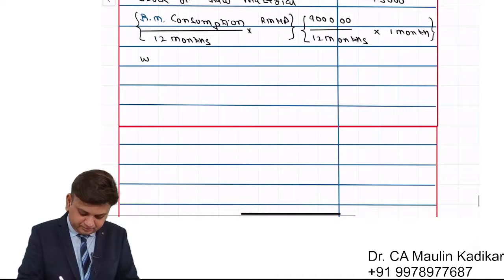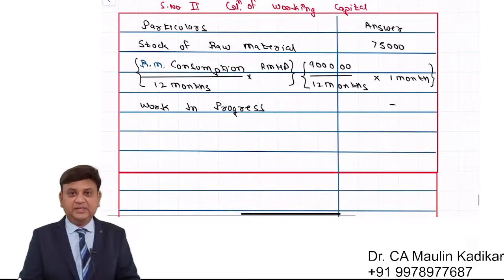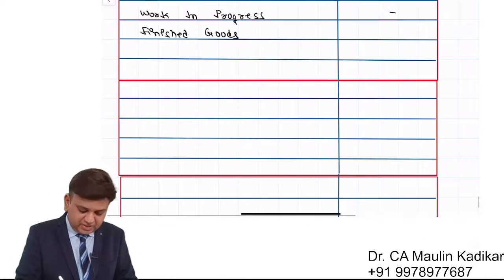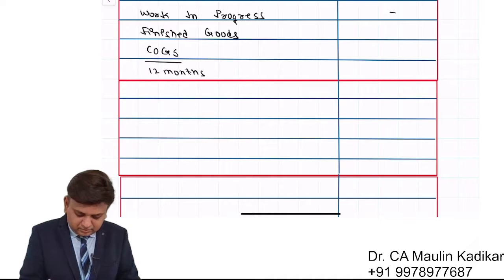WIP, work in progress. It has been provided that it is 0. Finished goods, in that it is COGS divided by 12 months into finished goods holding period.